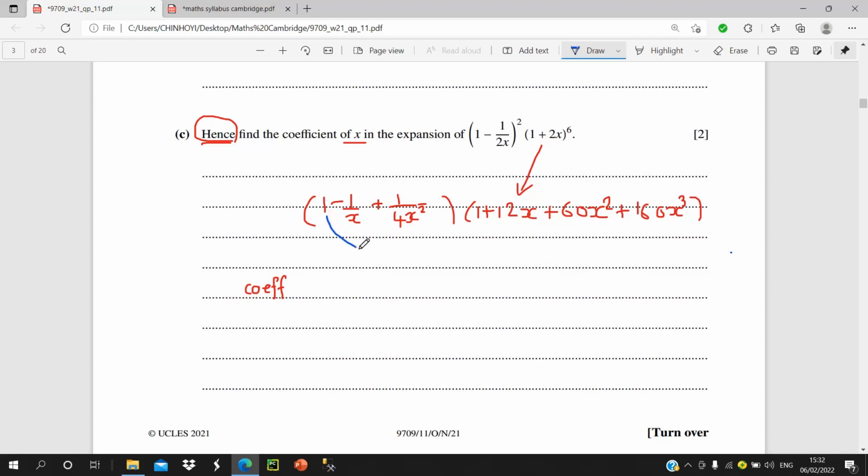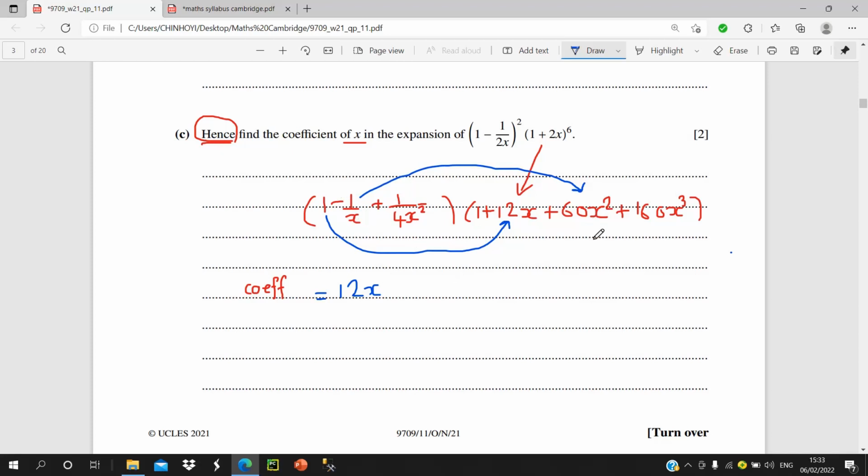So here 1 is going to multiply with the 12x, and our answer is going to be 12x. For the second term, if you want to find x, minus 1 over x is going to multiply with 60x squared, because x here is on the bottom and x here is on the top.